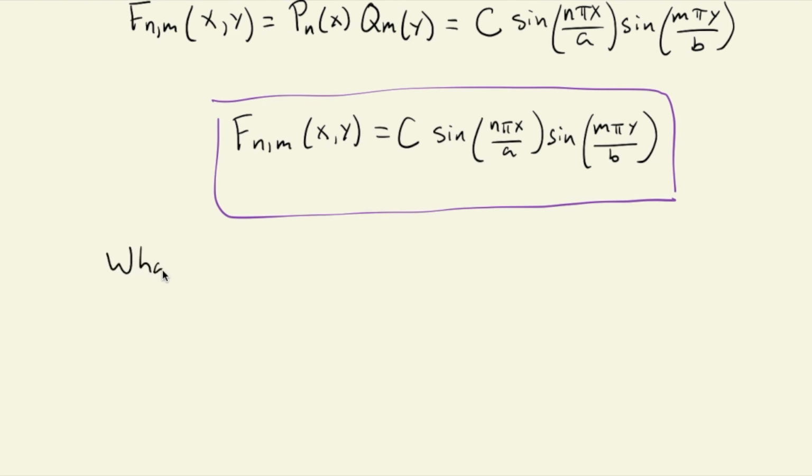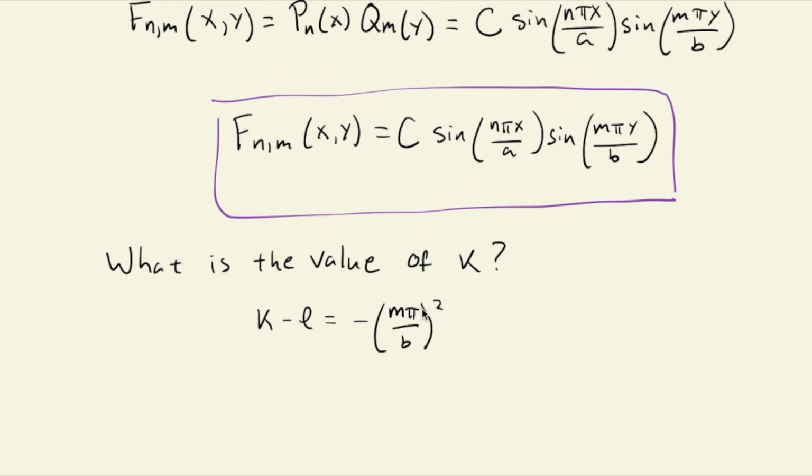What is the corresponding value of K? Well, K minus L is equal to negative m pi over b squared. That's the equation we had.